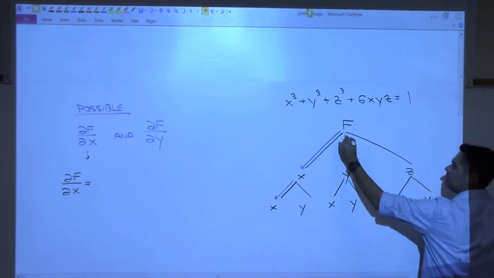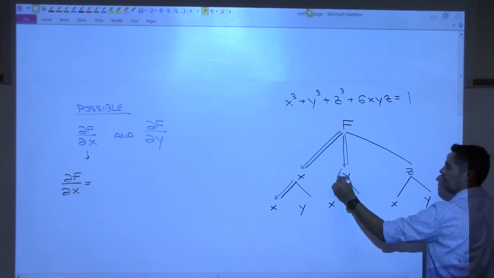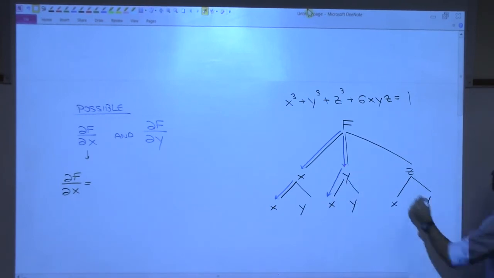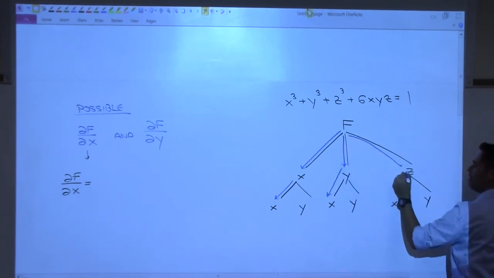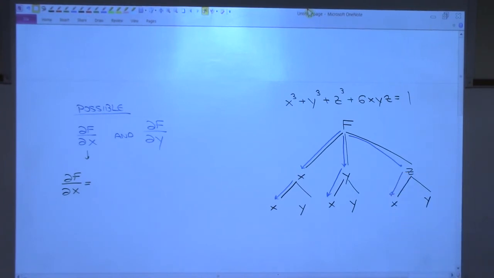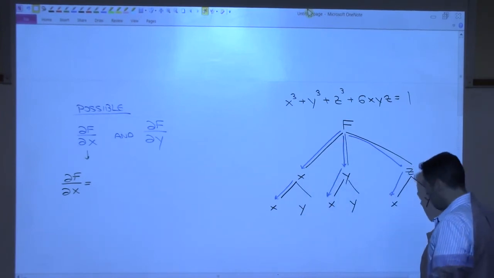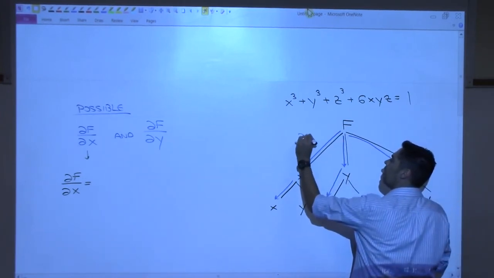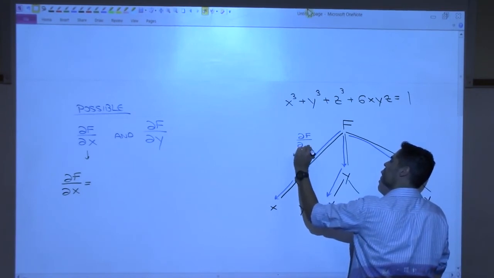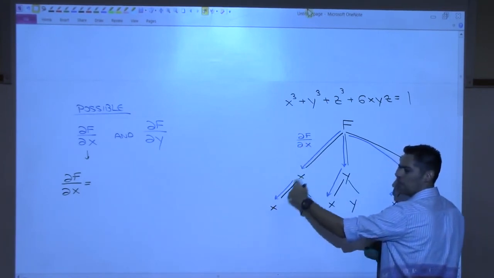And then I'm going to go down here and down here. And then down here and down here, right? Those are my branches. Questions? Okay, let's try this first one. Here to here is partial of capital F with respect to x. What about this branch?